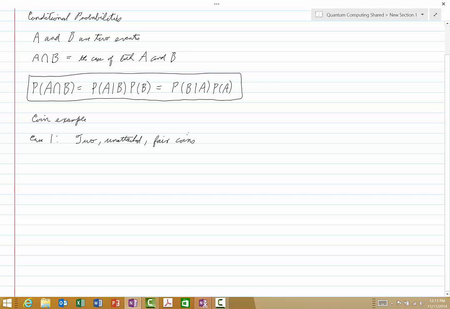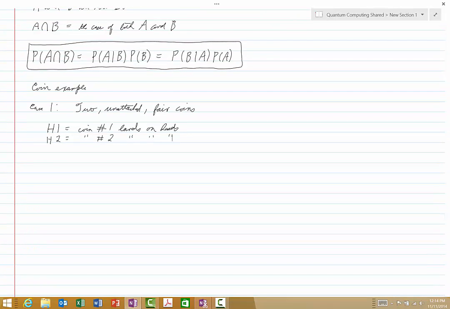So each coin is a fair coin, which means it has equal probabilities of landing heads or tails, and the two coins are unattached to each other. And so we'll define the events. Actually, I'll just define two events here. H1 equals the event that coin number 1 lands on heads, and H2 will be the event that coin number 2 lands on heads.